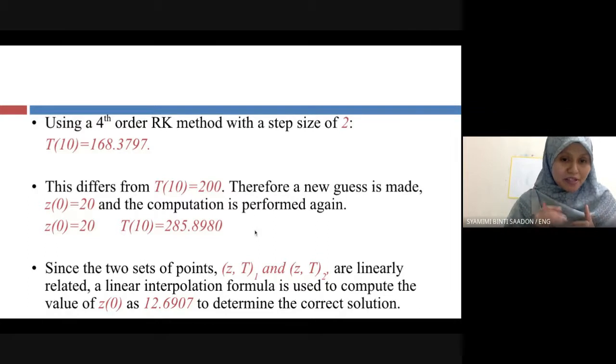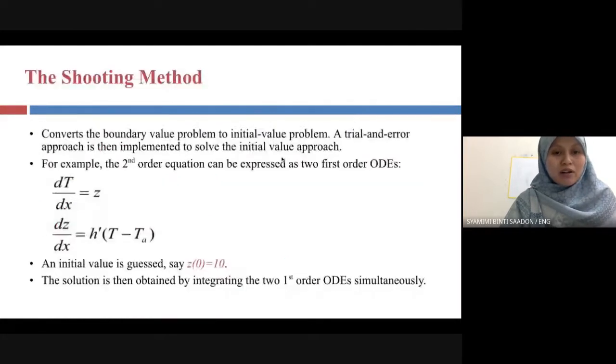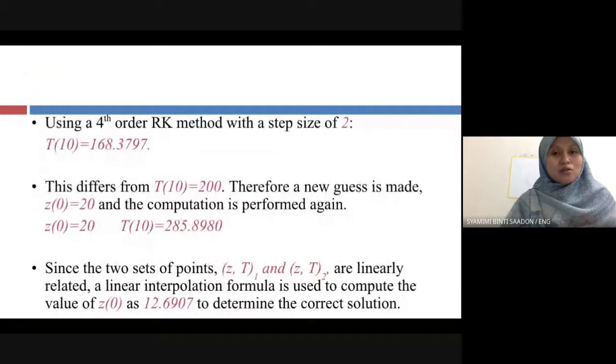I gave the example first, later on we will do exercises together. For example, using the fourth order Runge-Kutta method with a step size of h equals 2, because we have 0 until 10, it means that we have T0, T1 until T5, because the distance is 10 centimeters. So we divide by 2, so 5.